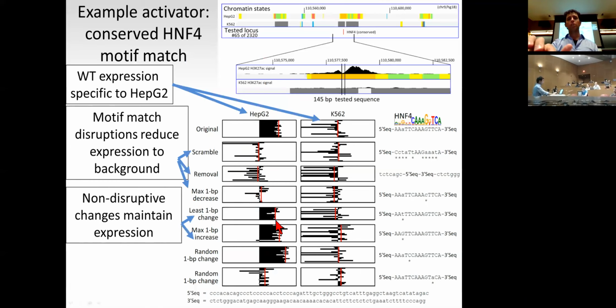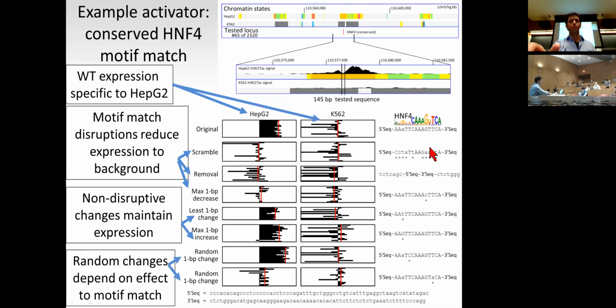If I change it ever so slightly, sometimes I get a better and sometimes a worse score, but I maintain activity. If I do a random change that perturbs a motif, I lose it. So every single measurement here is a different barcode used for the same construct. We're doing a lot of replicates, enabling us to infer the activity of every one of those.